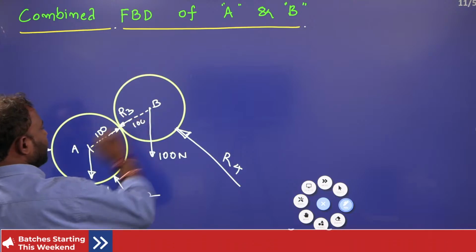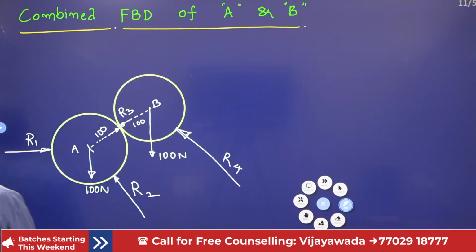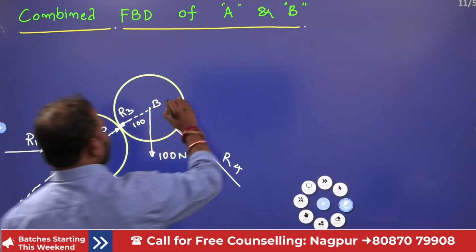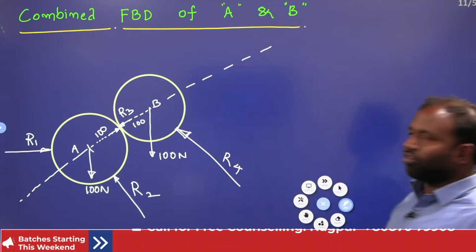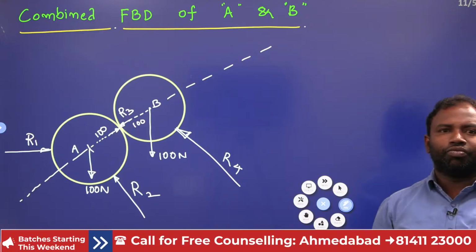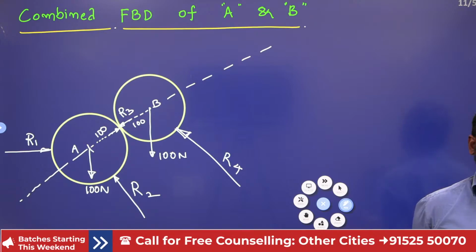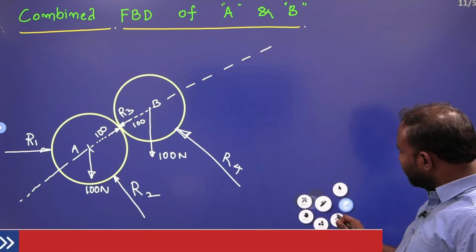This is the combined free body diagram. This is the combined body. From here we need to find out R4. For finding R4, you can apply an equilibrium equation.